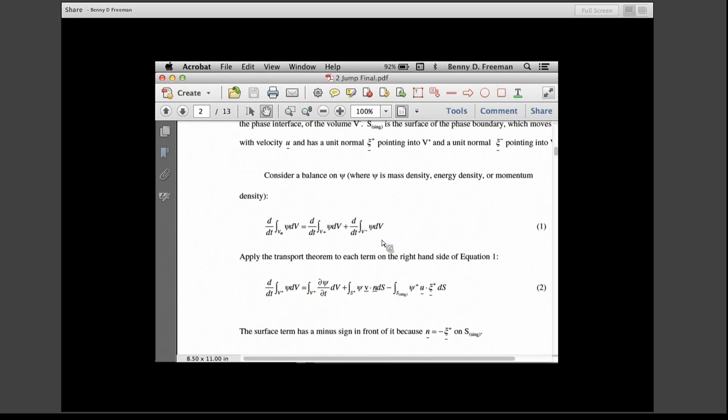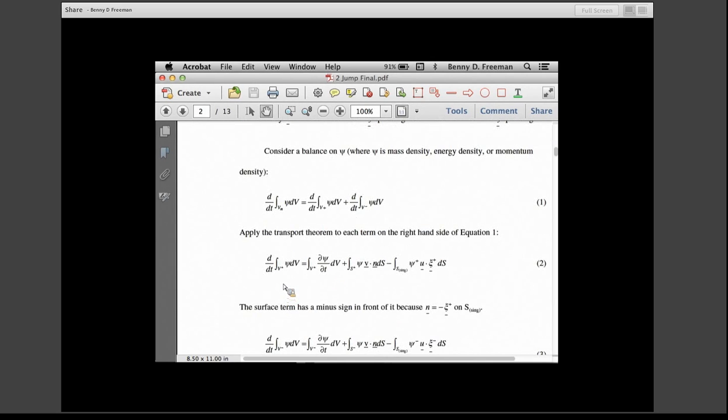We can apply the Reynolds transport theorem to each of the terms on the right-hand side of this equation, and I'll do it mainly to one of these, and then we'll do the other by analogy. So if we do that in the case of V plus, then I can exchange the derivative inside and outside the integral, and as a result of that, we generate an extra term over the surface.